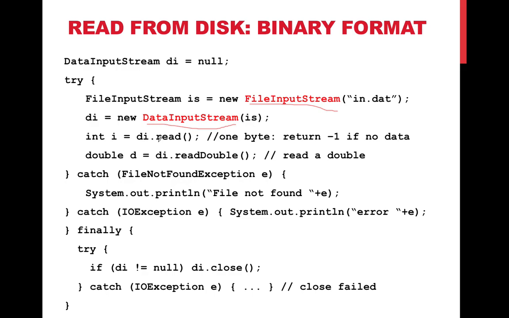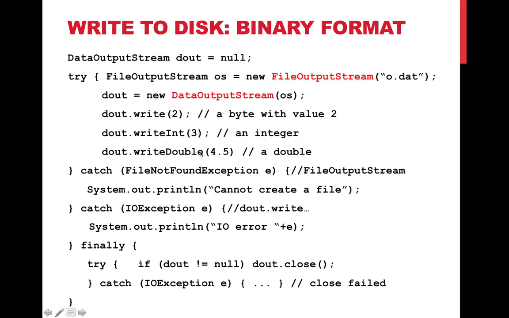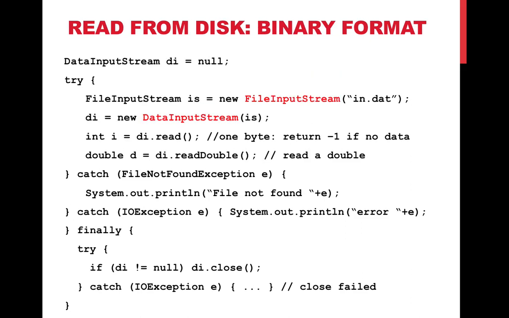You can read one byte, one double, one float, one boolean, one char, and so on. You should call the matching method as you have written them. If I go back here, when you created the binary file, you used write int and write double to store different data types, and when you read it, you should use the corresponding matching methods to recover the data without any corruption.